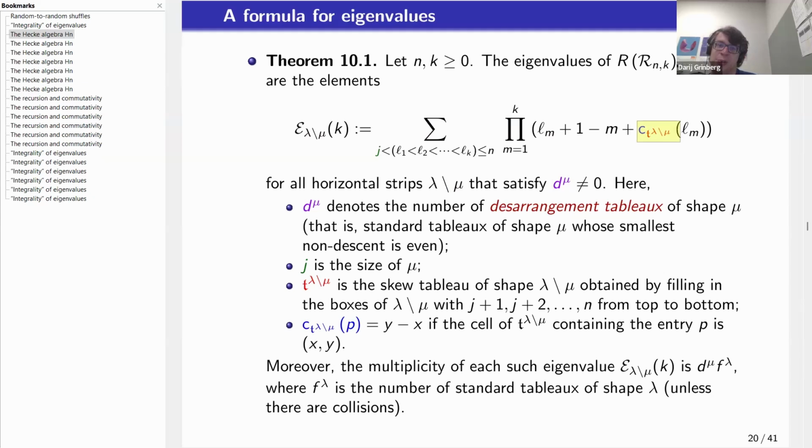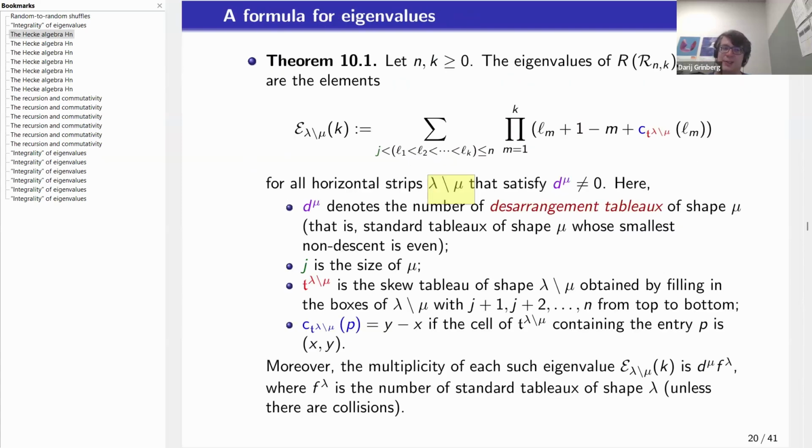Then you're looking at the contents of certain cells of the skewed diagram, and then you're taking products and sums of these products. And you can also compute the multiplicities of those eigenvalues in terms of numbers of tableaus. Yeah, I should say that the size of lambda should be n, of course. I forgot it for some reason.